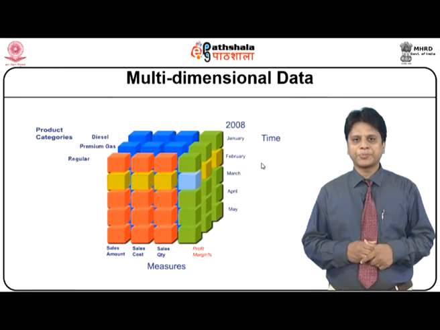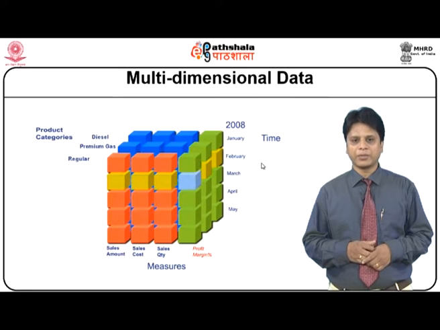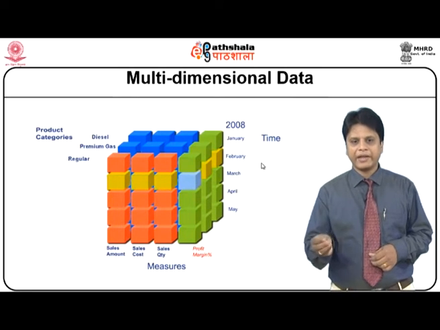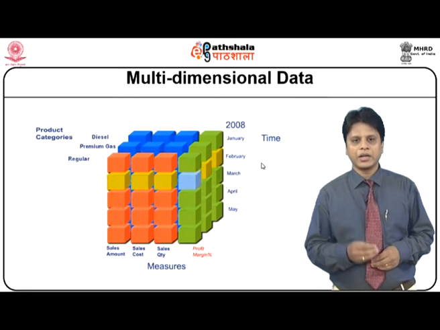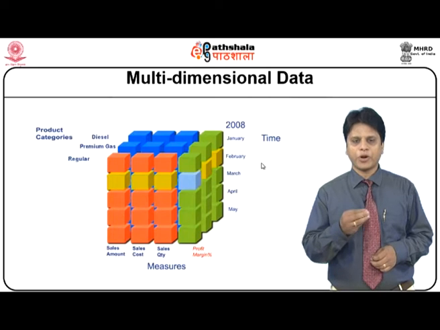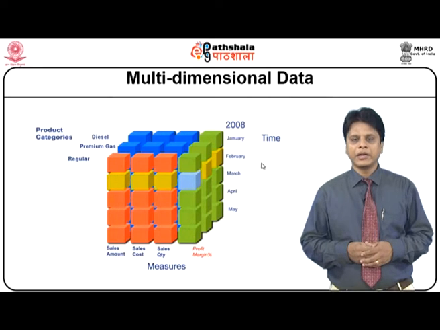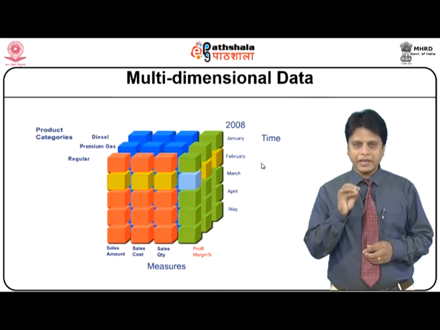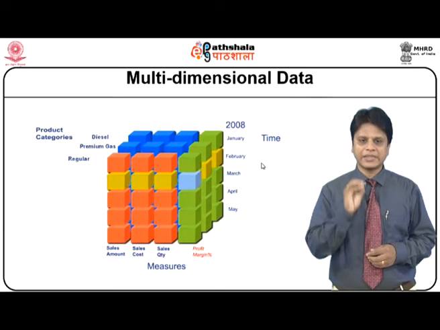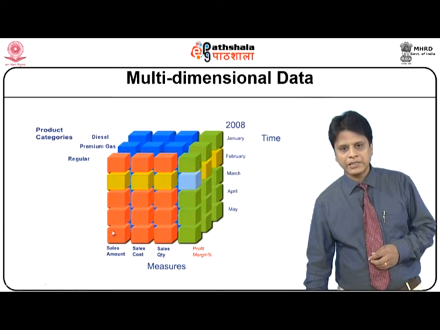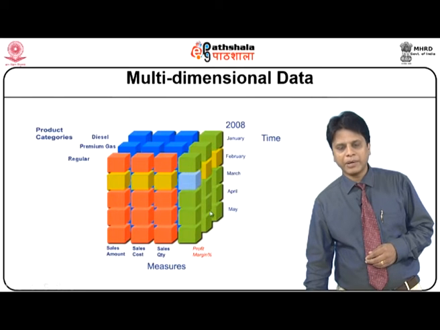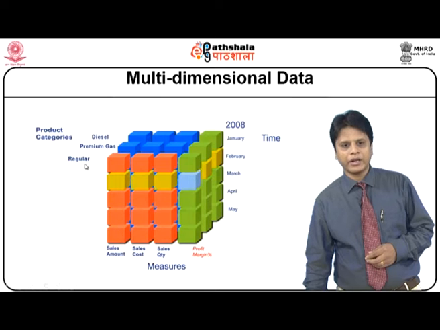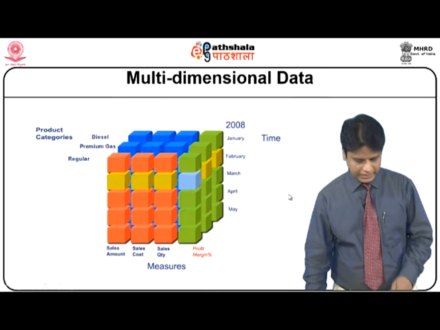If you take one specific example of a cubical representation, on the X I have different measures, on the Y I have different product categories, on the Z I have different years. If I pick out one specific cell, this cell gives me information of, say, the sales amount for a regular product in the month of May.